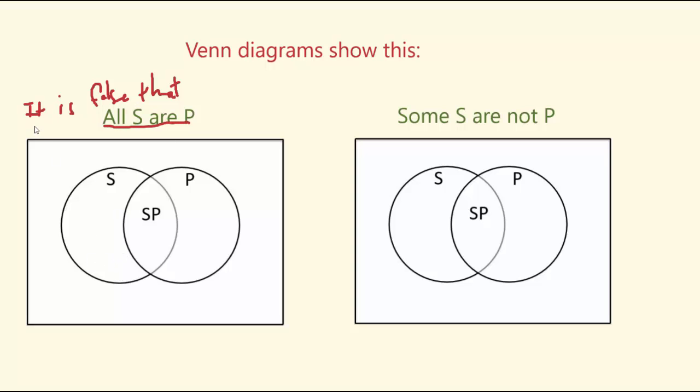But then because it says it is false that in front of it, we would do the opposite. And that's just what some S are not P tells us to do, to put an X in area 2. So these propositions have the exact same meaning, and they'll be true in all the same cases, and false in all the same cases.